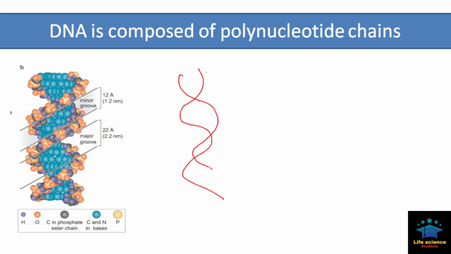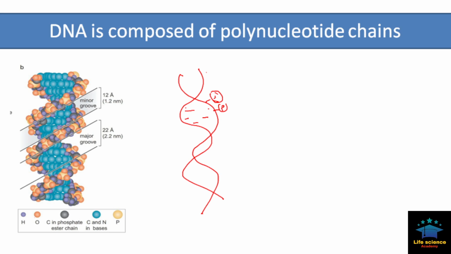Sugar and phosphate make the backbone, and the nitrogenous bases help in coiling around each other with the help of hydrogen bonds.